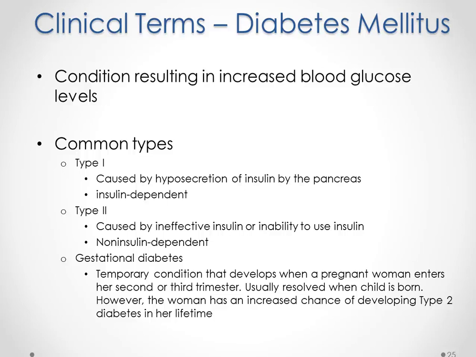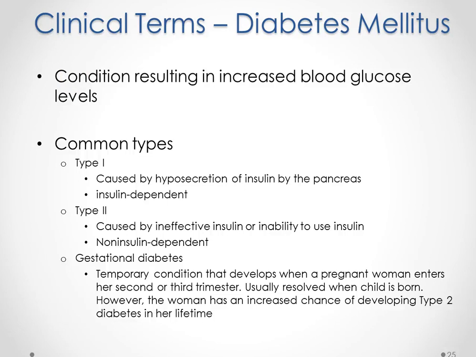A lot of the causes for type 2 diabetes is an increase in weight. Overweight individuals have problems with type 2 diabetes. That's why this is called non-insulin dependent diabetes. In these cases, individuals that have type 2 diabetes can take control of this condition and reverse this type of diabetes if they just alter their diet.